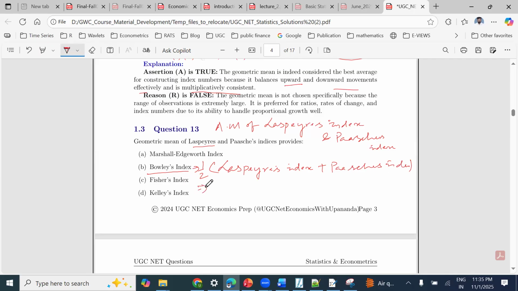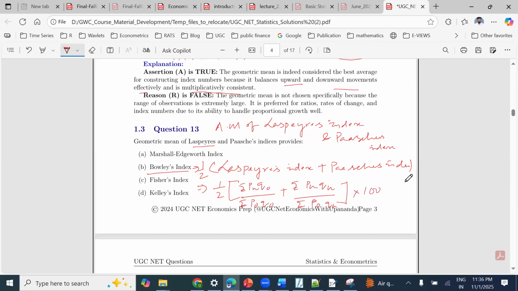And if you write it, it will be like this: half of summation P1 Q naught upon summation P naught Q naught, plus summation Pn Qn upon summation P naught Qn, into 100.